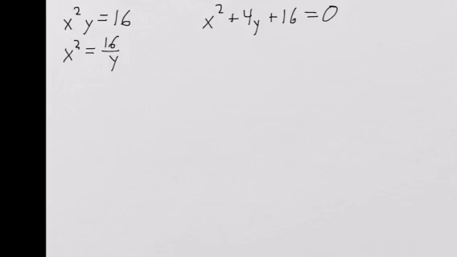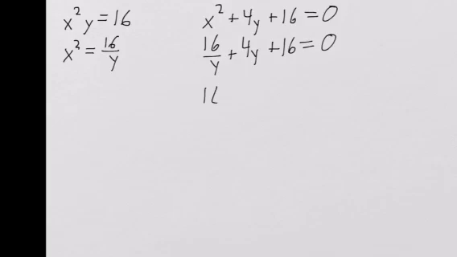And I can plug that in to the other equation. So I get 16 over y plus 4y plus 16 is equal to 0. And then, in order to solve that, I need to go ahead and multiply everything by y.